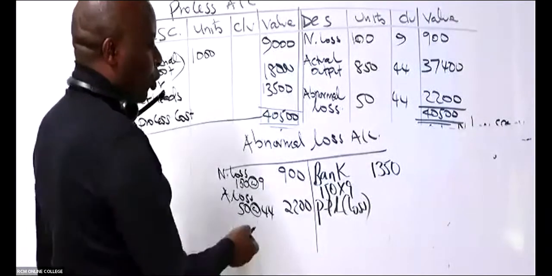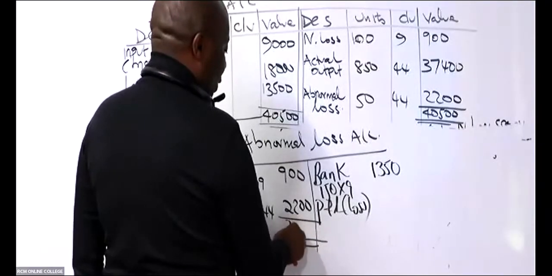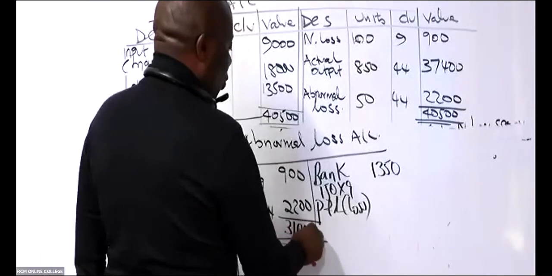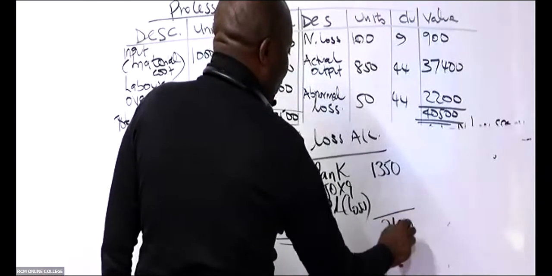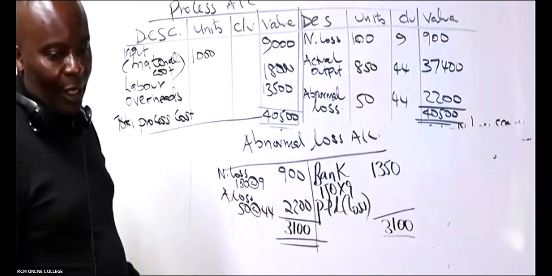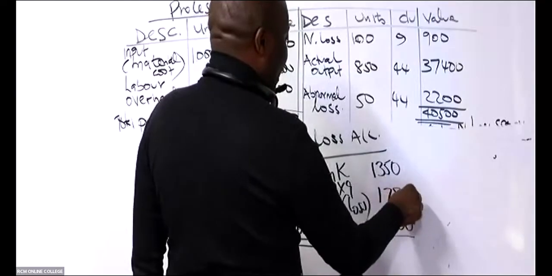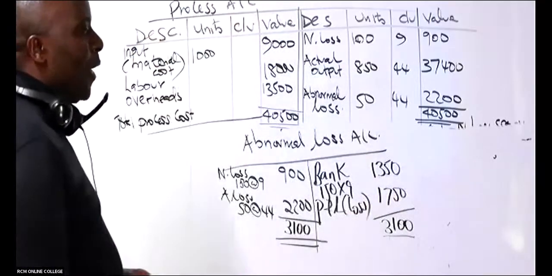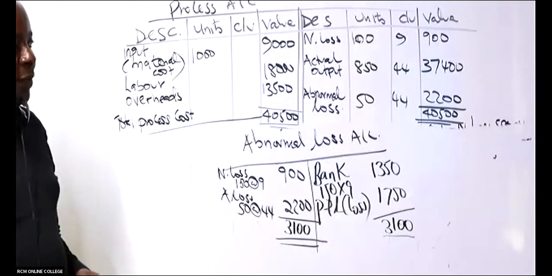So we'll be able to come here and add. This gives me 3,100. So then what is the balancing figure? The balancing figure, I'm told, is 1,750.